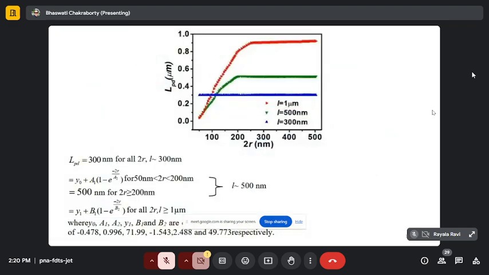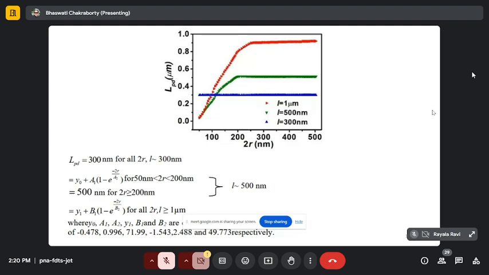So we tried to establish an empirical relationship with the nanorod spacing, which is given here as 2R. R is the radius of the nanorod and 2R is the diameter of the nanorod. We have considered that nanorods are equally spaced, and that spacing distance is around 2R, the diameter of the nanorod.